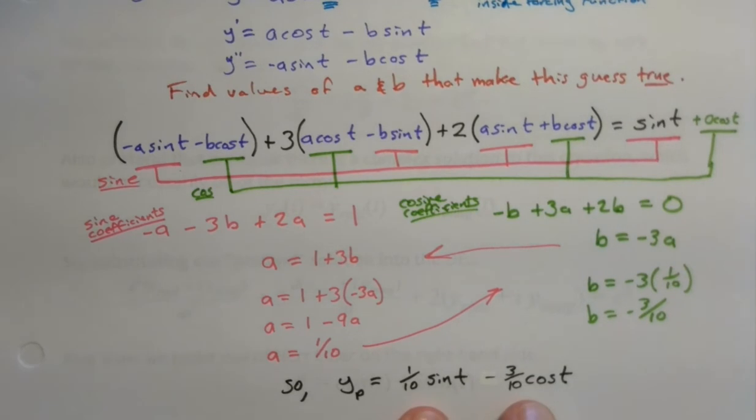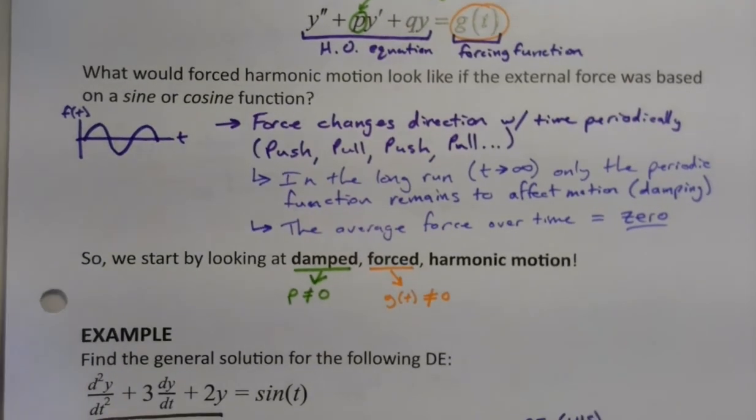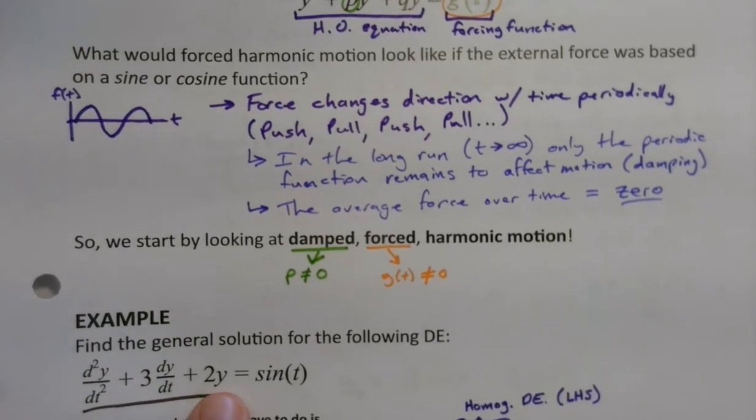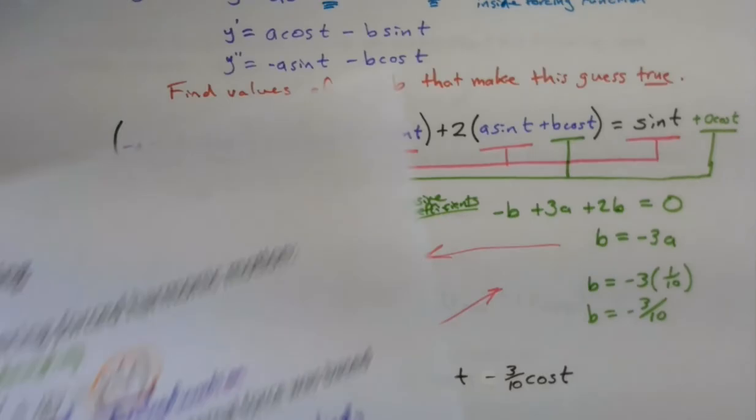Now, if you were to take this right here, toss it back into your original differential equation, the one from the previous page, it would make the left-hand side 100% equal to just plain old sine of t. Doesn't seem like it, but it works.